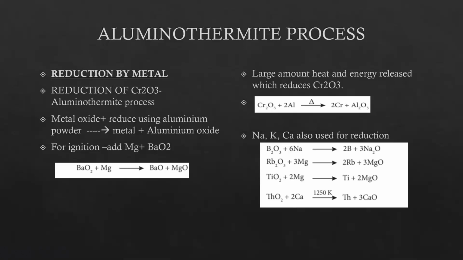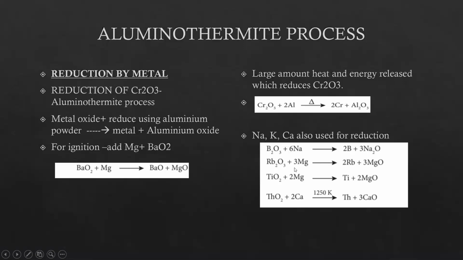Apart from aluminum powder, some other active metals are also used as reducing agents, like sodium, magnesium, calcium and potassium. See the first example now. Boric oxide reacts with sodium to give boron and sodium oxide.